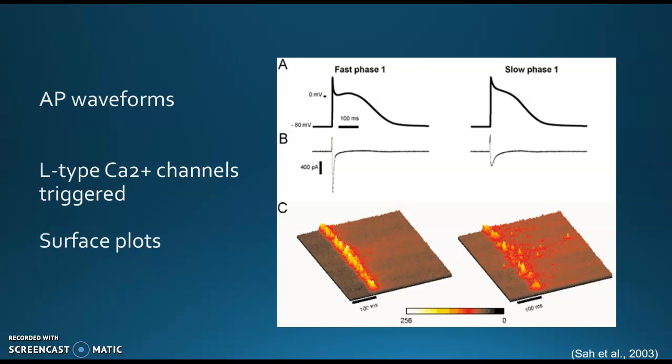And what they found was that the fast phase 1, so that initial phase of repolarization, right here, almost making this little notch here, was really important to controlling the rest of the plateau, the rest of that repolarization phase, and ultimately allowing enough calcium to be released so that that excitation contraction coupling could happen properly during the repolarization phase of the action potential.